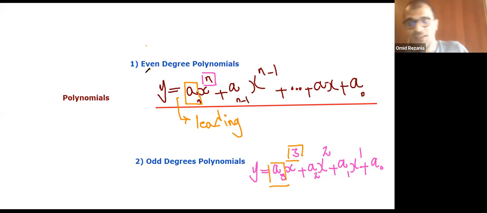Remember, this one is very crucial. We just start from the even degree polynomials. With the even degree polynomials, we want to see what the asymptotic behavior is.